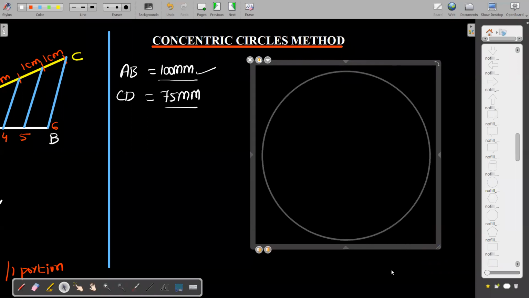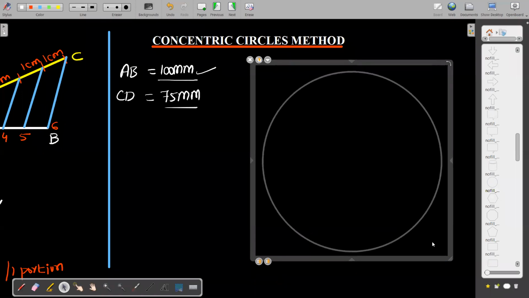Again, I'm saying, I'm taking 100 mm as a diameter.